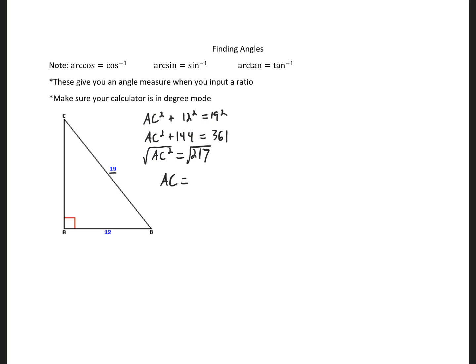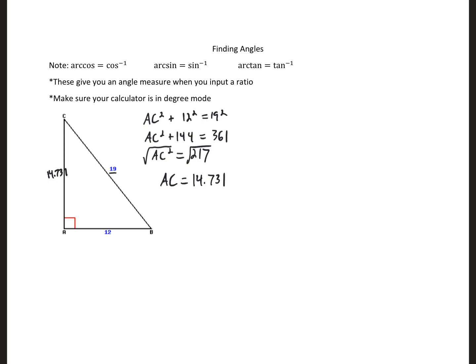The square root of 217 to 3 decimal places will give us 14.731. So this side length is 14.731.